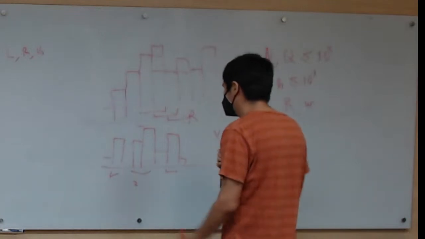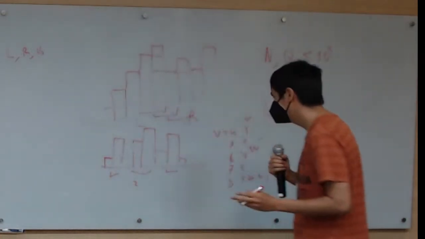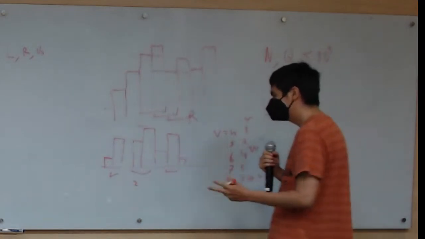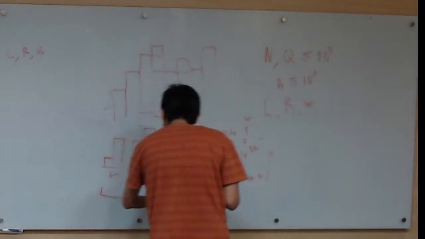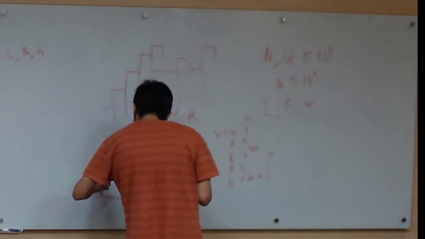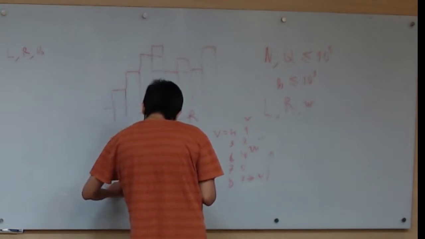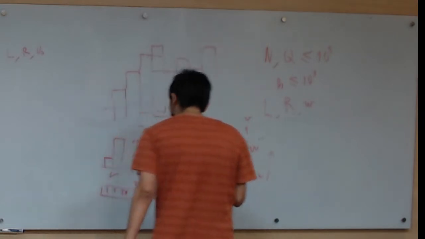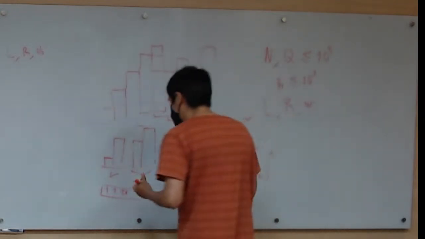In this histogram we put the active fences as one, and then not active.